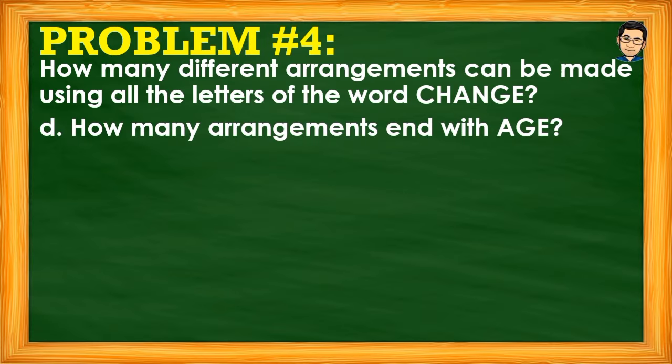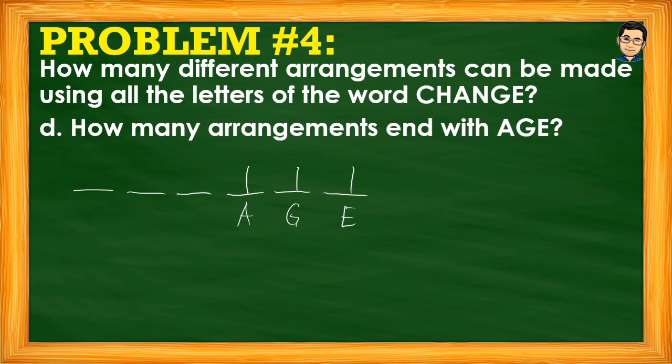So, for letter D, how many arrangements end with AGE? So, A, G, E. So, lagay natin 6 na blank. And then, since A, G, E ang last 3 letters ng ating arrangement, ilalagay po lahat natin dyan 1.